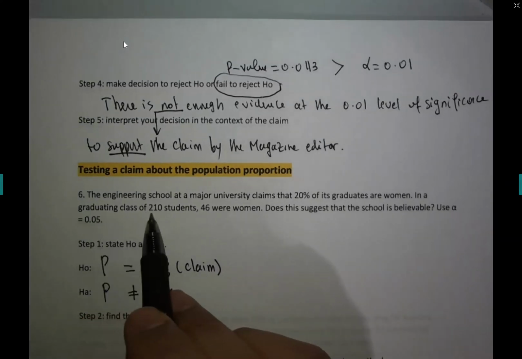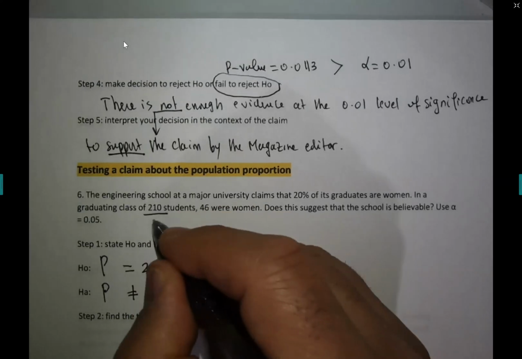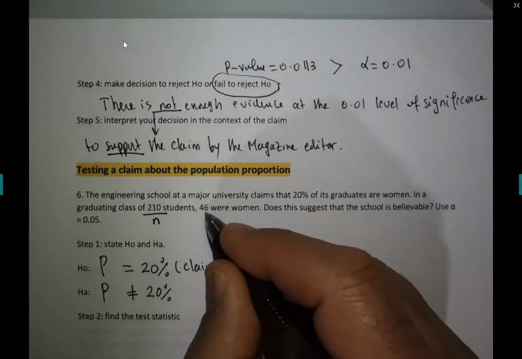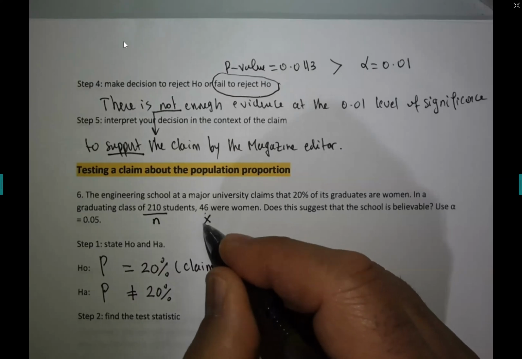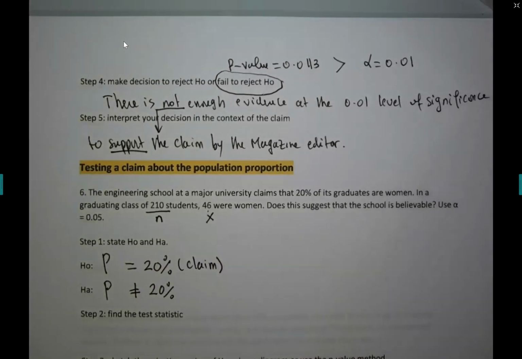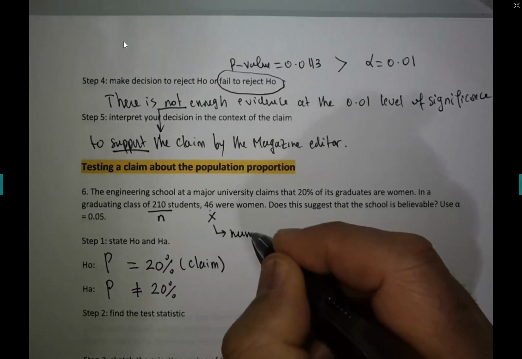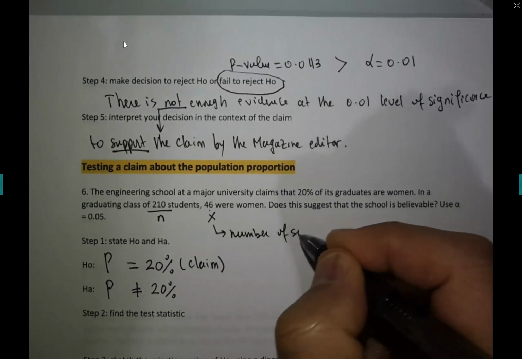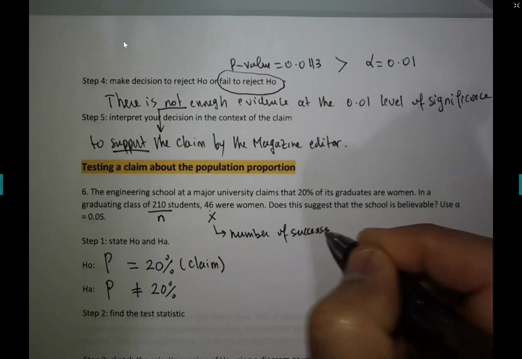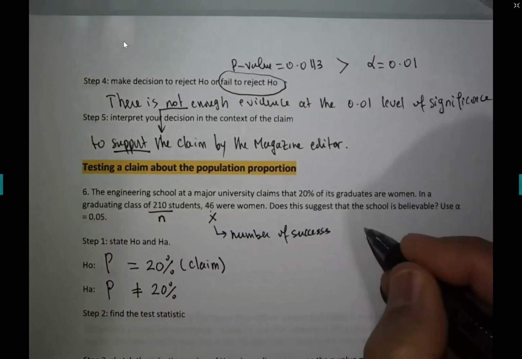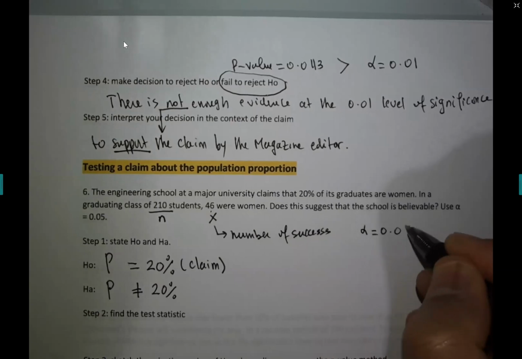Okay, what do we have here? In a graduating class of 210 students, so N is 210, and 46, that's X. Just like the confidence interval for the proportion, guys, you need two values. You need to know how many total were involved in the survey and how many answered in your favor. That's X, we call it the number of successes. And this is alpha, guys, which is 0.05.